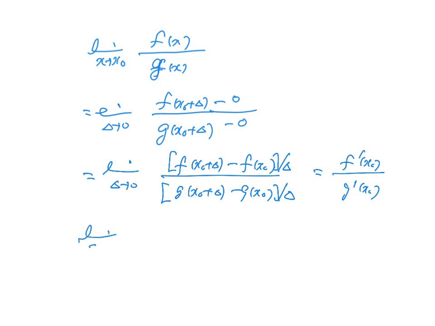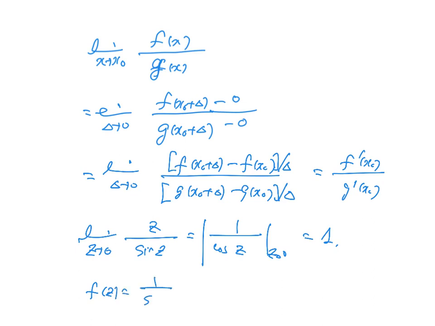So when z goes to 0, sine z over z is actually 1 over cosine z, which is 1. So 1 over sine z has a simple pole. Actually, it has simple poles at many points: z equals 0, plus minus pi, plus minus 2 pi, and so on.